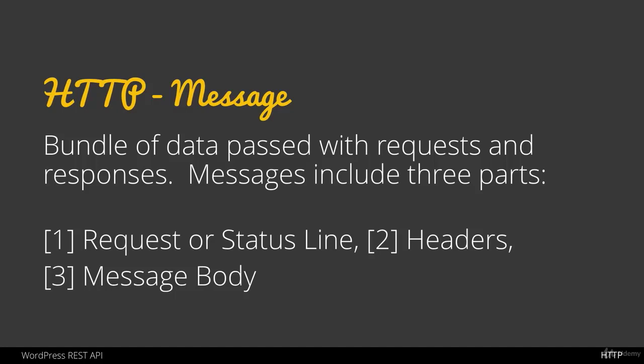A lot of folks who jump into working with the REST API, you don't need to understand this up front, but it helps a lot because you do get to it, and it might be really confusing because you might have built stuff with JavaScript or jQuery or PHP in the past, but you never really had to deal with HTTP headers, for example, or really understanding what the different request or status lines were, or how to format things to be passed as a message body. So it's important and very, very helpful that we understand this all at the beginning.